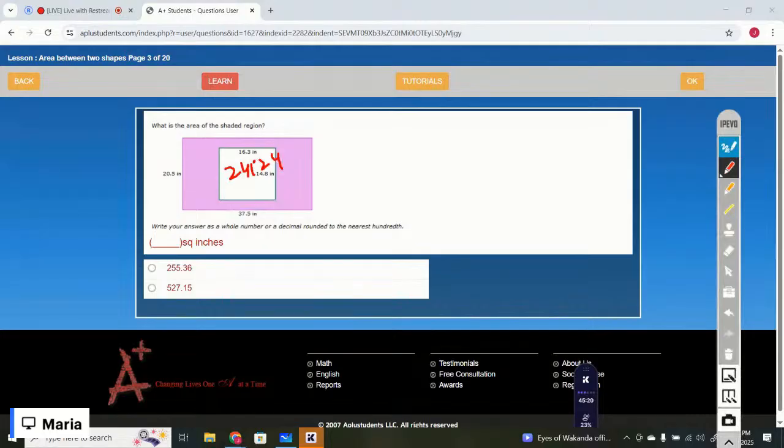And the area of the outer one is 20.5 times 37.5, that is 768.75, minus 241.24, that is 527.15.